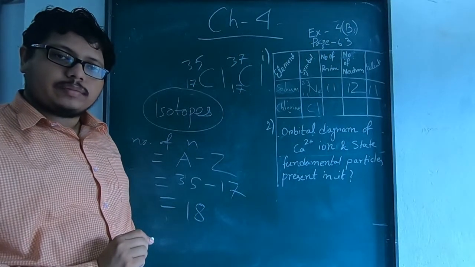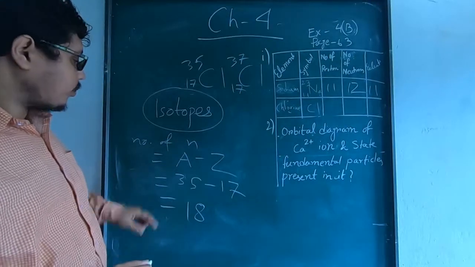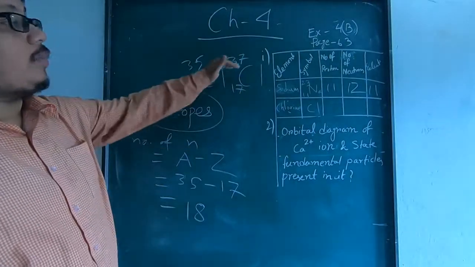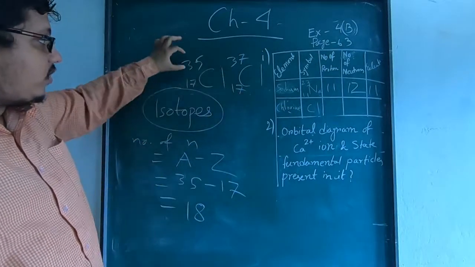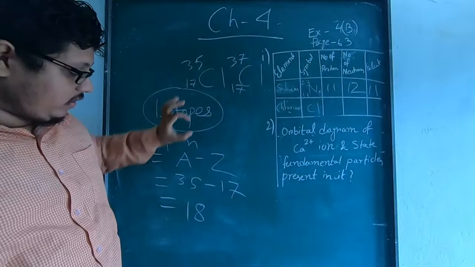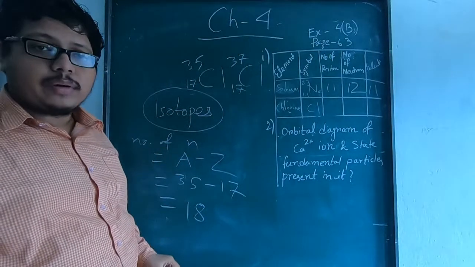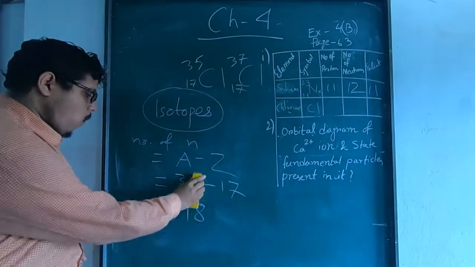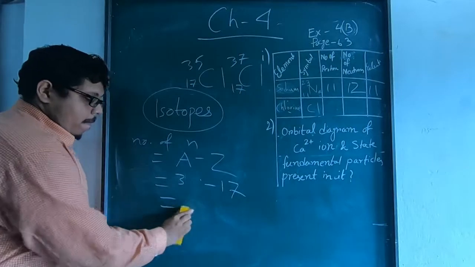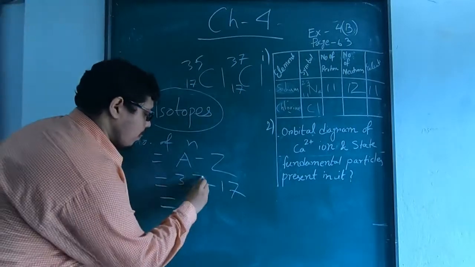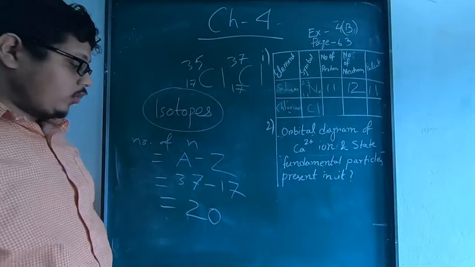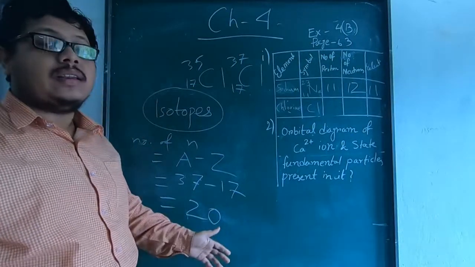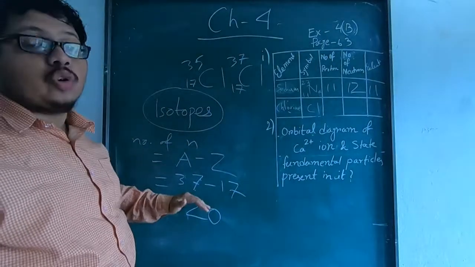Okay? Now this number of neutrons will not be the same there. We can obviously see that if I replace the 35 with 37, we'll not get the same number. Let's do that. We get 20.